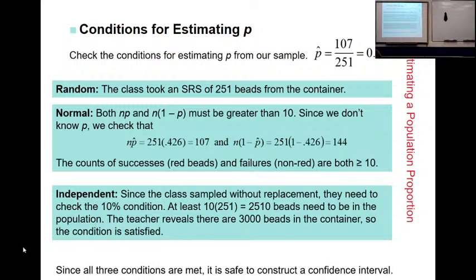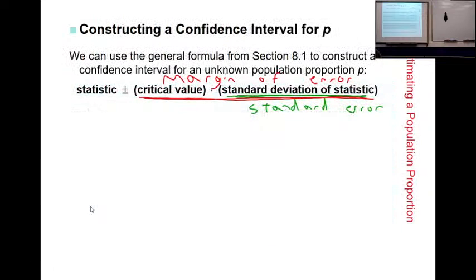All right, I'm going to breeze over this next slide because I've already talked about it a couple times. I've pointed out to death that standard error is the standard deviation, whatever standard deviation formula is. Everything that comes after the plus or minus in my formula is going to be the margin of error.